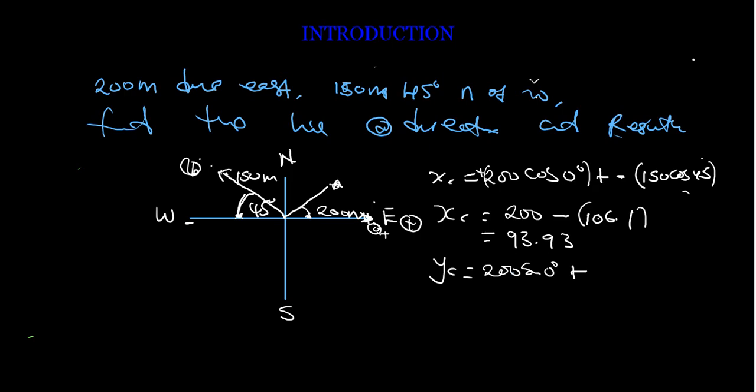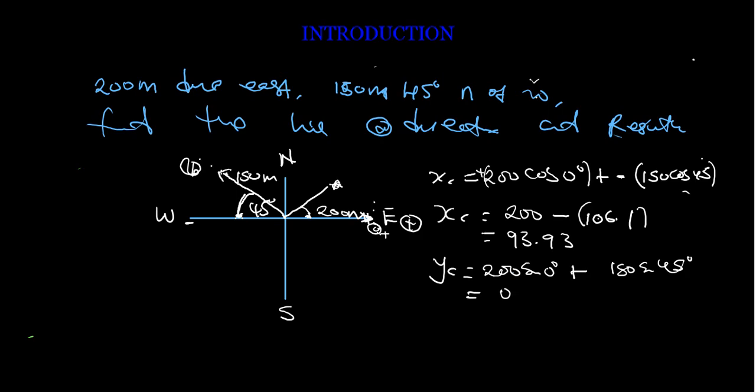So you get this 45, and you say 150 sine 45. Sine 0 is 0, right? So the first will give you 0.